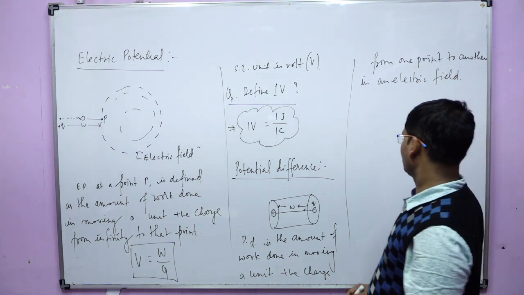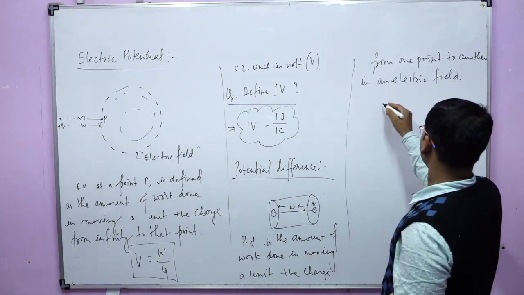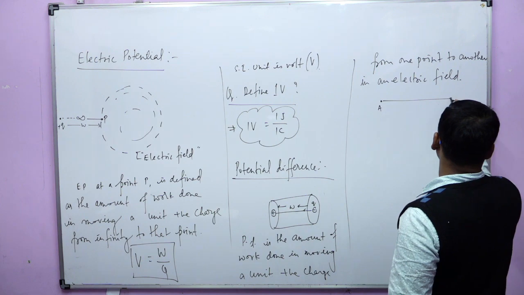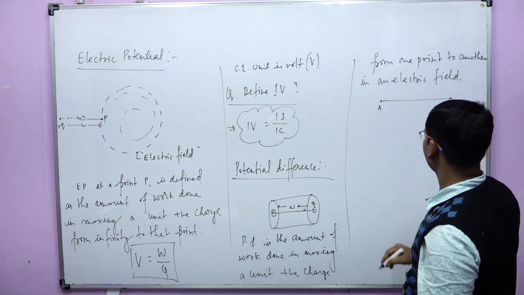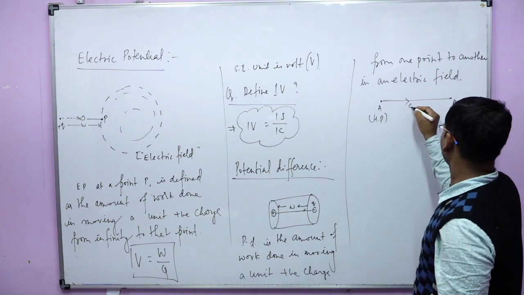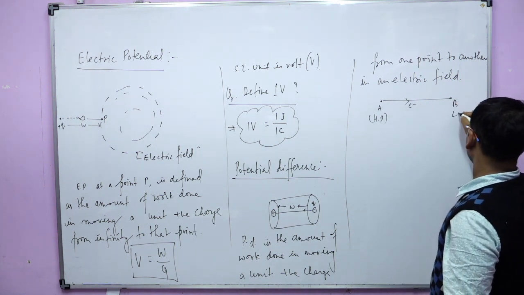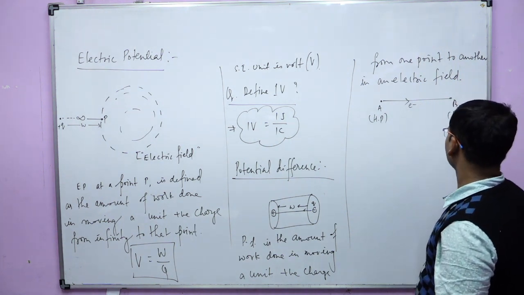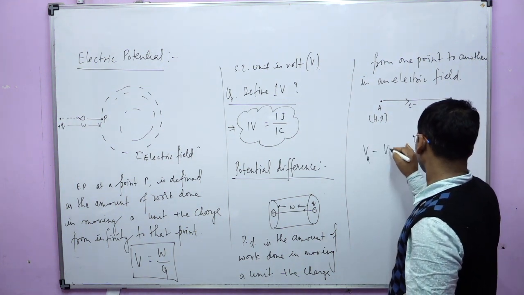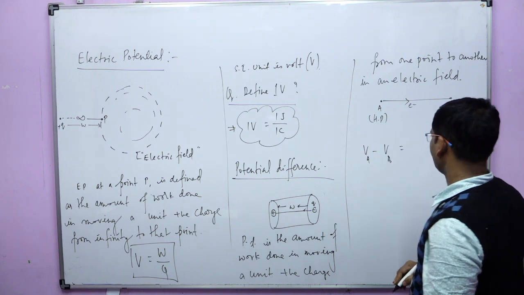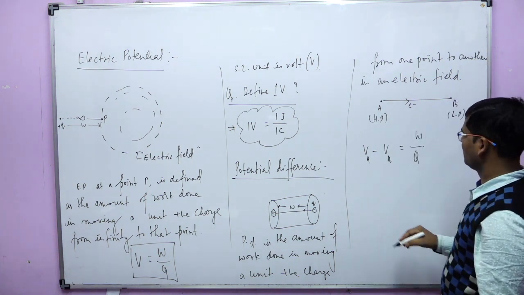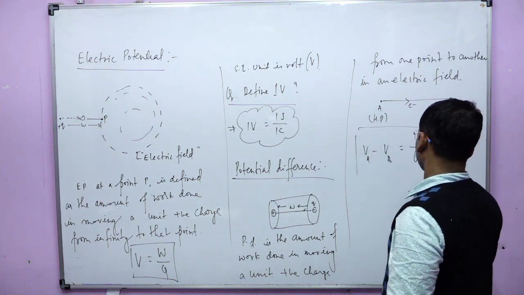So, if I say that electrons are flowing from point A to point B, means this one has higher potential and this one has lower potential. So, potential at A minus potential at B will be given by the amount of work done in moving a unit positive charge.